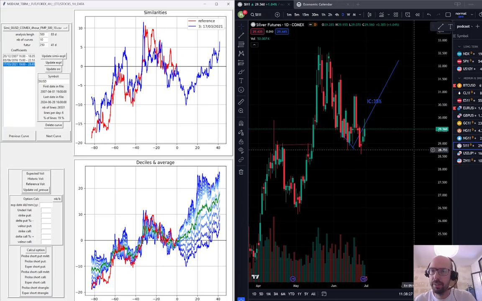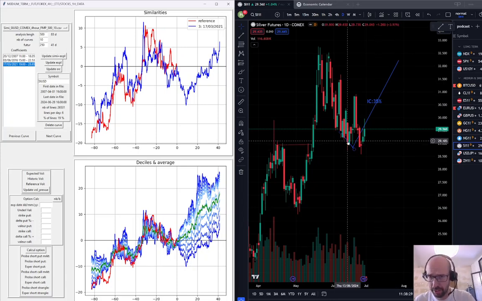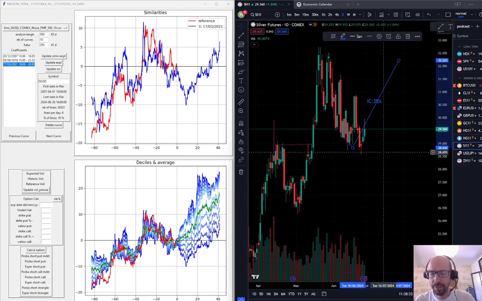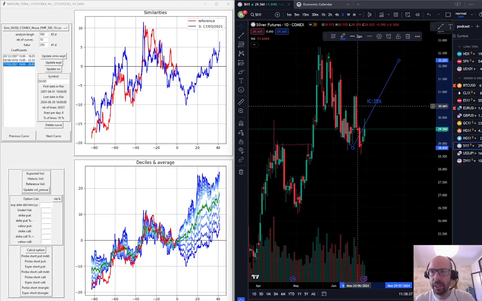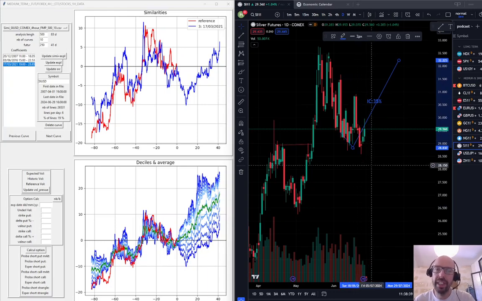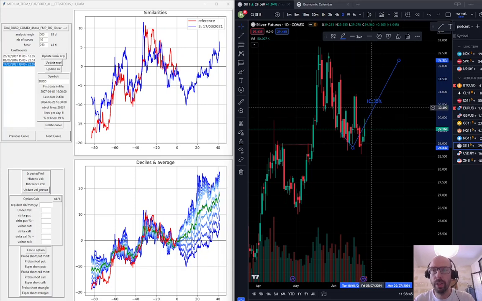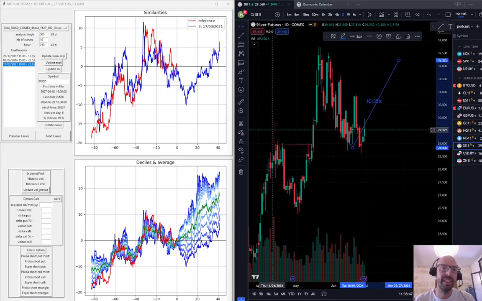On silver last week, the indication here is from maybe 2 weeks ago. It's going quite well. There was a peak here because of the FOMC of last week, but otherwise the indication is going quite well with a good confidence index.